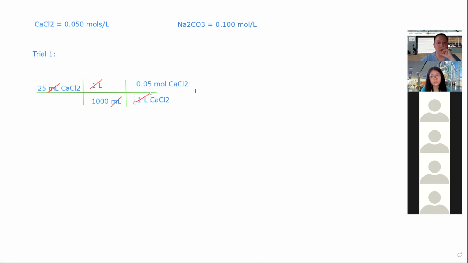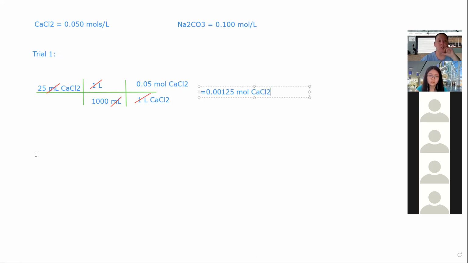That is going to be equal to 0.00125 moles, I believe. Let me double check that. Yeah, that's what I got too. Okay, great. So that's how many moles of calcium chloride.